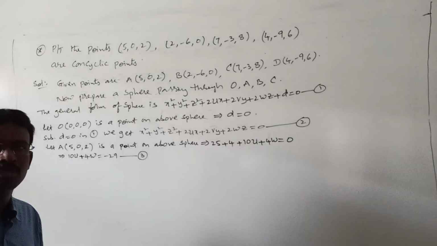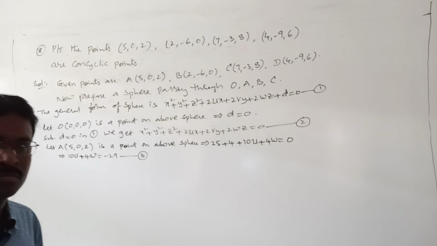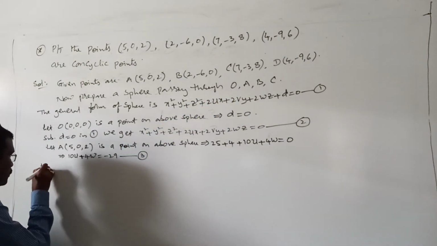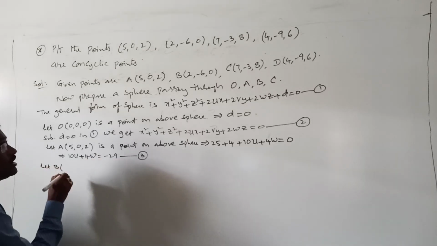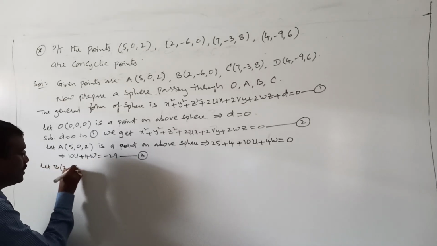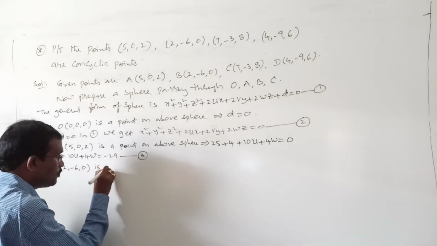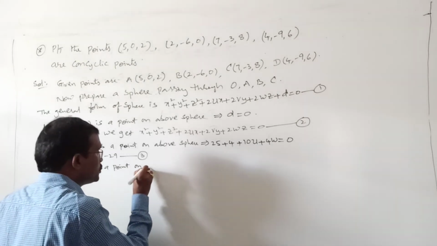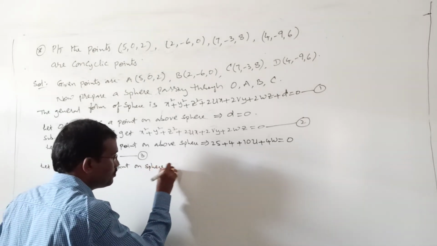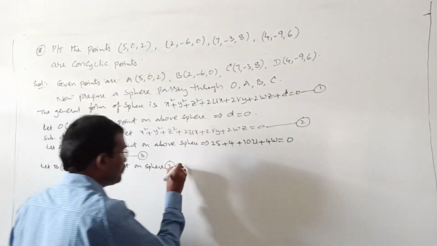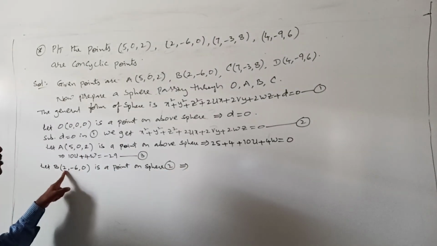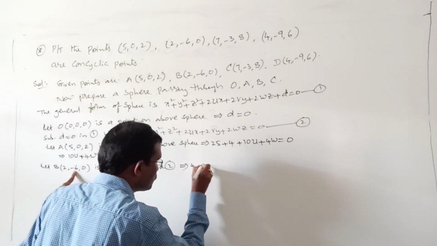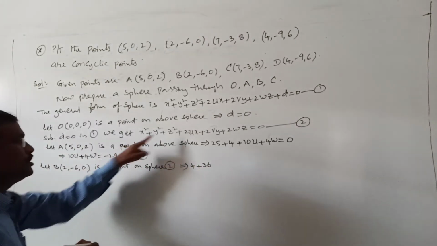You can continue with your own notations. Next go for this point. Let capital B, 2 minus 6 0, be a point on sphere equation 2. That's why I am writing simply sphere 2. This implies, substitute x is 2. X is 2 means 4, 2 square, y is minus 6 means plus 36. Z is 0, no need to substitute.